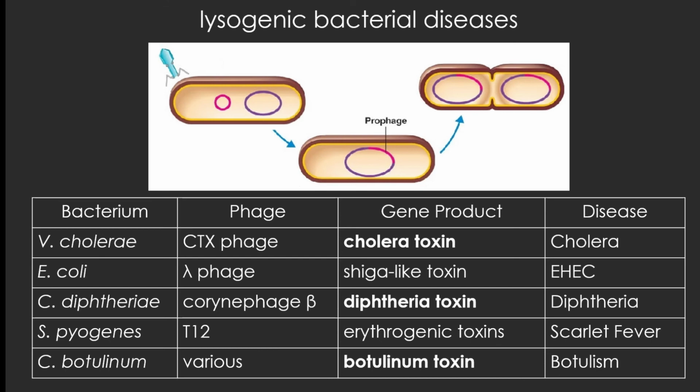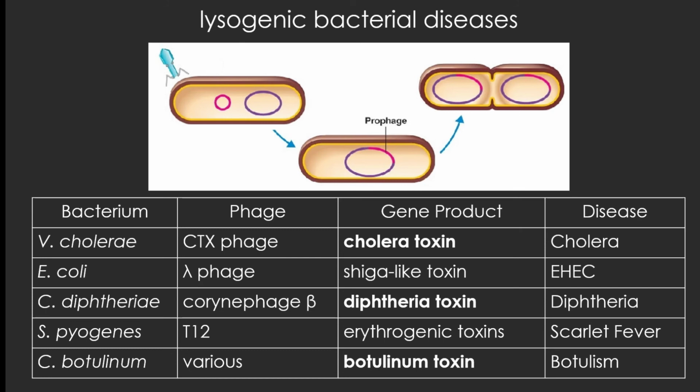We haven't talked about this next one, Streptococcus pyogenes. We did talk in chapter 18 about the fact that Streptococcus pyogenes can cause scarlet fever, and you might have been wondering, well, why doesn't it always cause scarlet fever? Because only those Streptococcus pyogenes which have been infected themselves with the T12 virus will have the ability to make these erythrogenic toxins which cause scarlet fever.